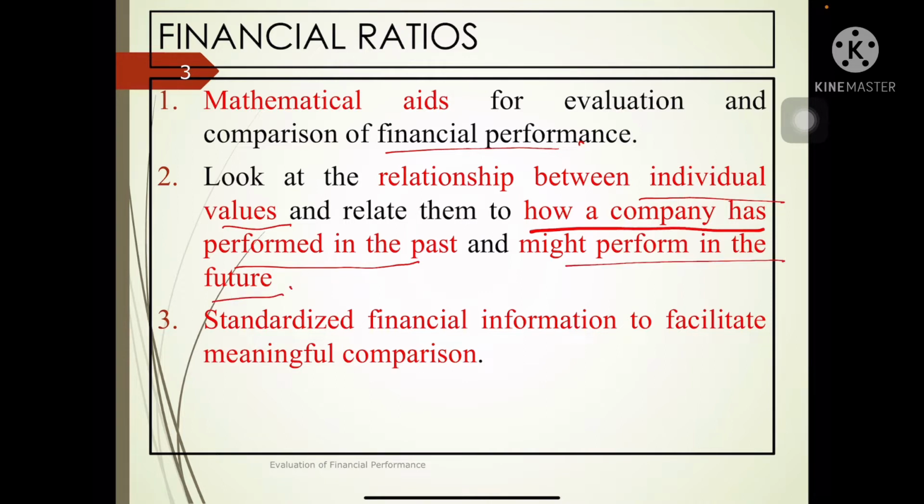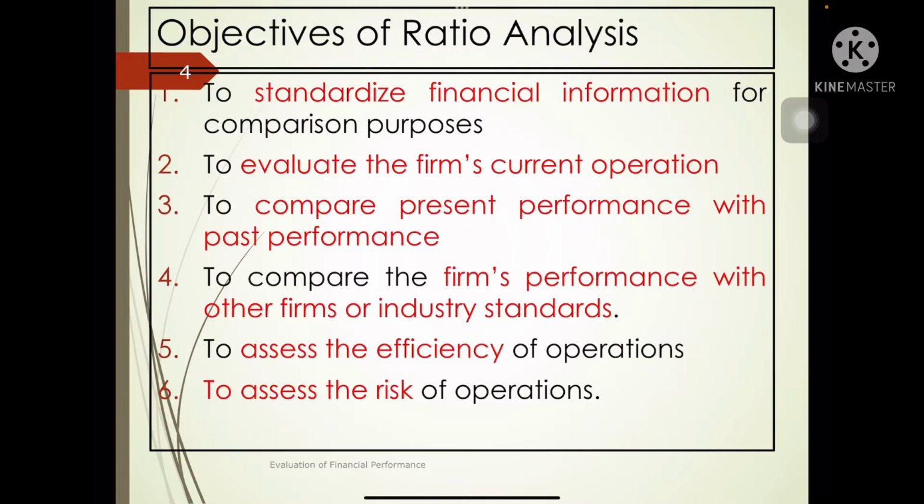Number 3 is standardized financial information to facilitate meaningful comparison. Since the financial information in the financial statement is standardized, it is easy for us to make a comparison because we have the standardized format.